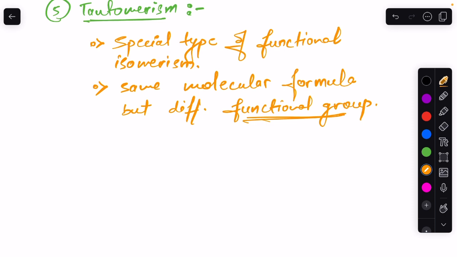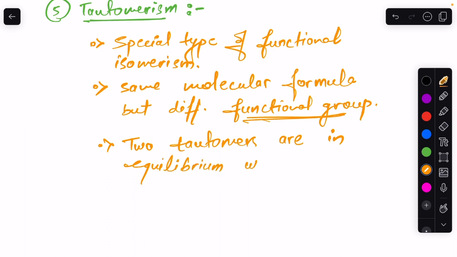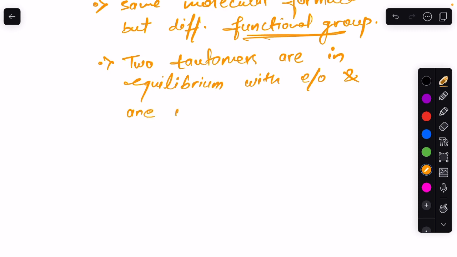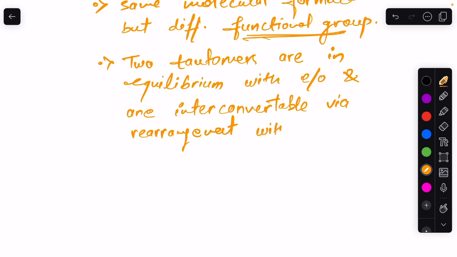So basically in case of tautomerism, 2 tautomers are in equilibrium with each other, and are interconvertible via transfer, or we can say that via rearrangement within the molecule.